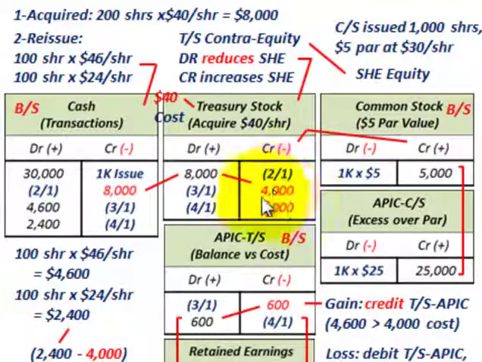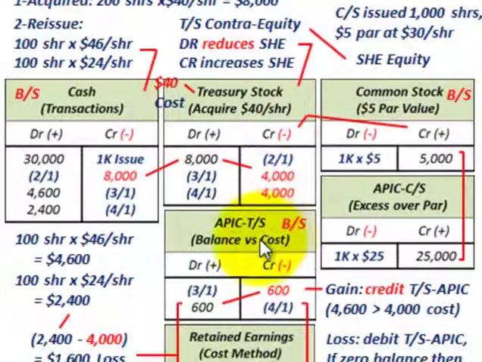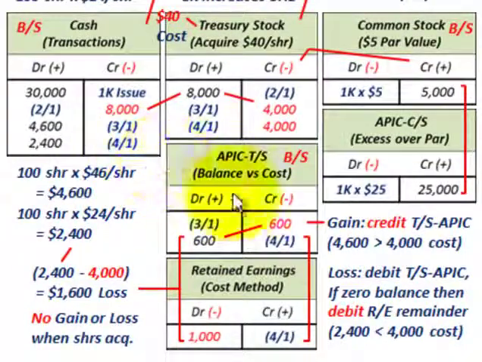So we credit or reduce our treasury stock for $4,000. And then the balancing amount, this is where we're going to have a loss. We're going to have a loss because we maintained our credit, a reduction in our treasury stock based on its $40 cost, and we only received $2,400 for those 100 shares that were reissued. So we're going to have a loss. We're going to have to come up with a debit balance.